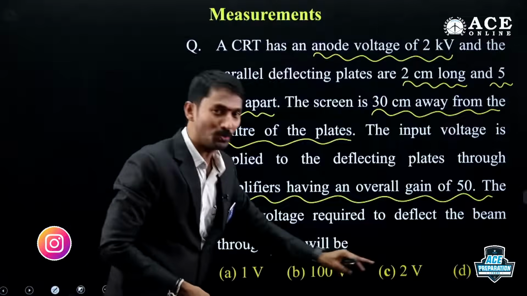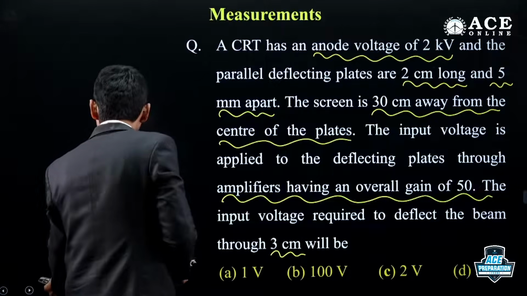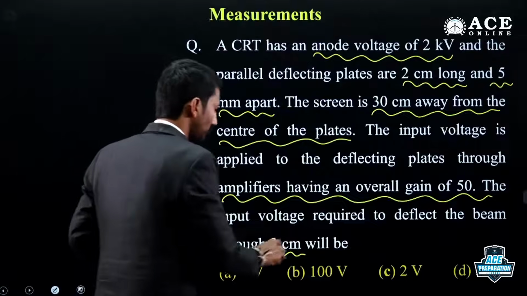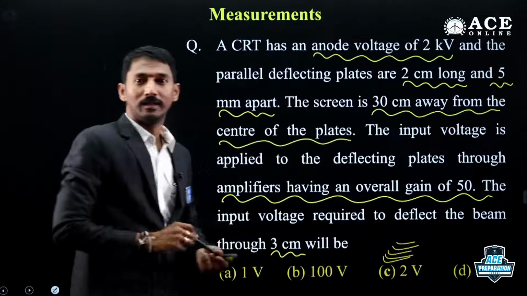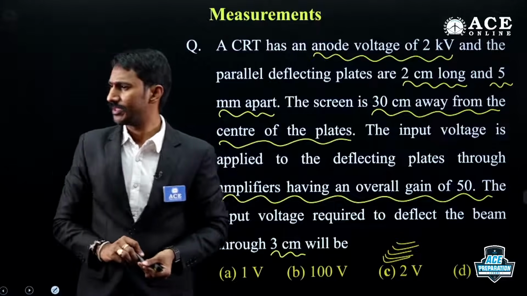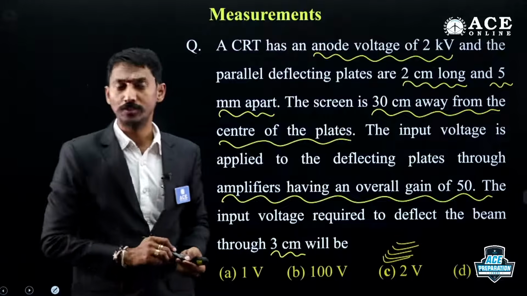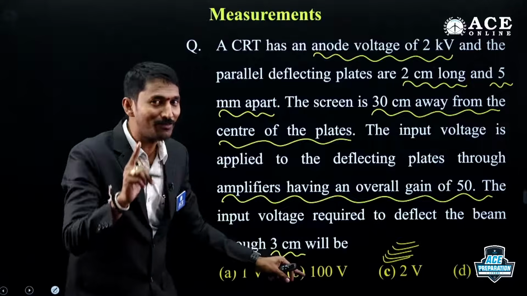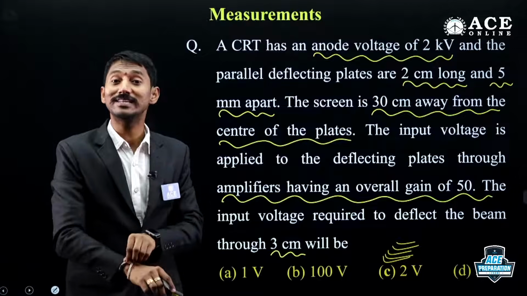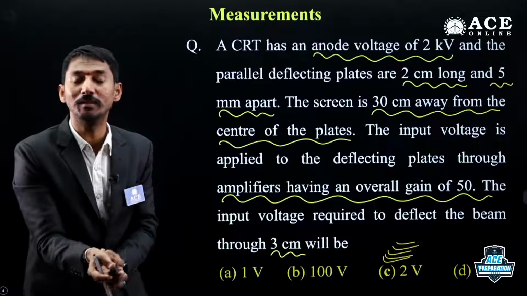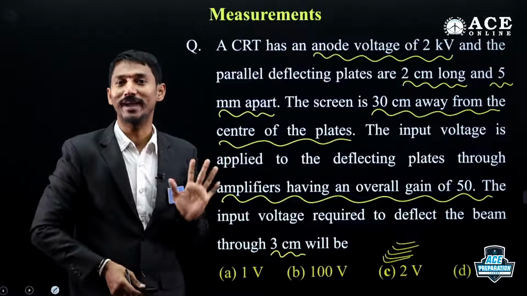Yes, 100 is there, 2 is there, but the correct answer is 2 volts only. Clear, guys? 100 is there to confuse you. Whatever we feel is the wrong answer, that answer will be given in the options. So be careful.